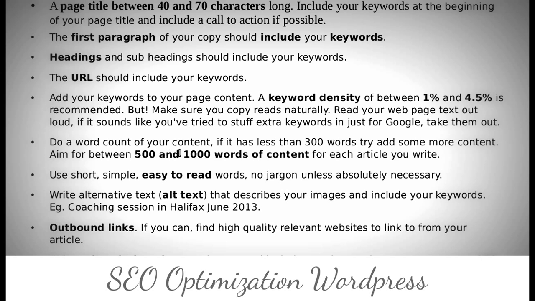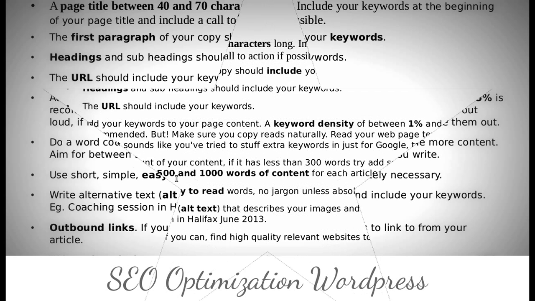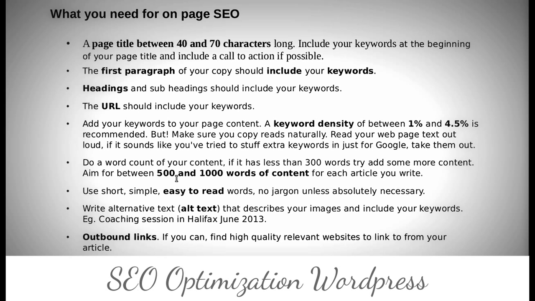Your word count, you want a reasonable amount of text on your page. Google likes to have plenty of text to read. It wants to be more than 300, but ideally, if you can, you want more on each page, if you can do that without stretching things too far. Your words should be easy to read. Don't use jargon and long words. People just don't like long words.